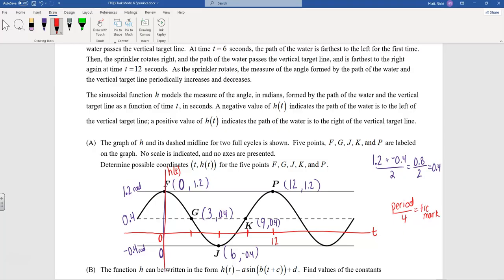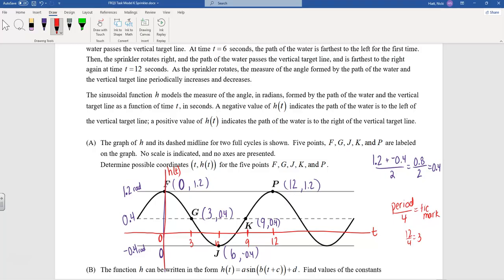So in this case, 12 divided by 4 is 3, and you're just counting by 3s. 3, 6, 9, 12. But if it's harder numbers, you may need to actually work that out. I know we had one that was 9/4, and then 18/4, and then 27/4, so it was much harder to think about.